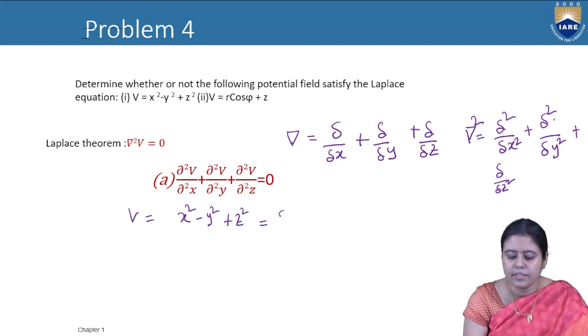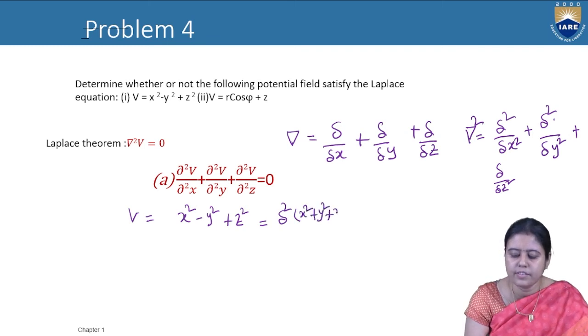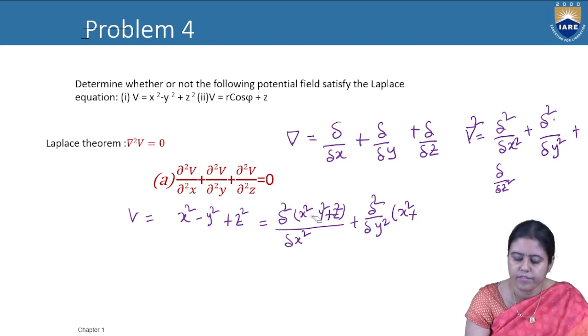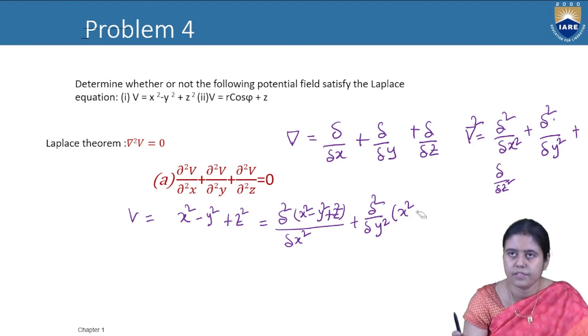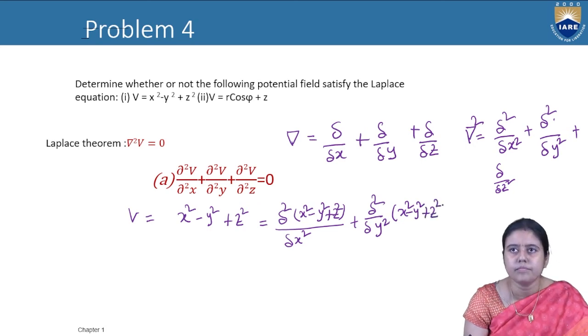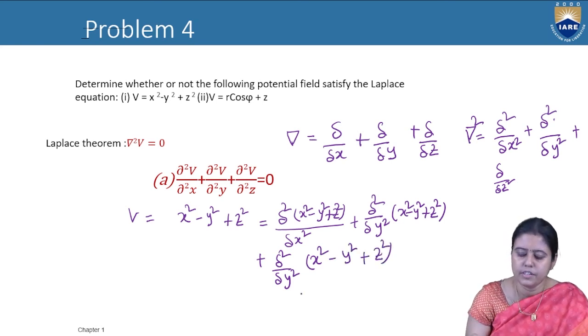So if we calculate grad square V, we take del square by del x square of x square, plus del square by del y square of minus y square, plus the term with respect to z.